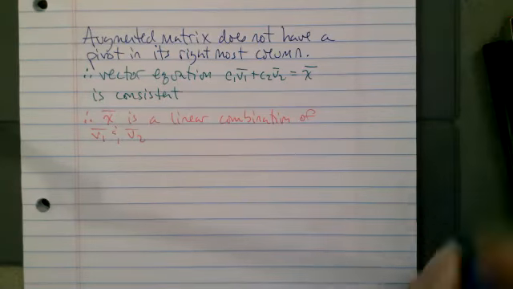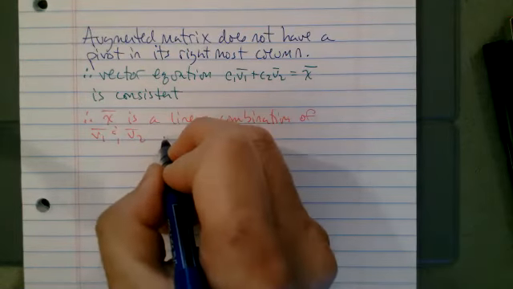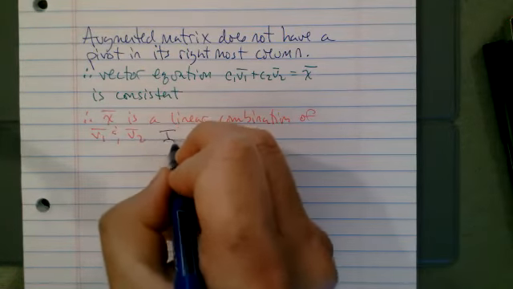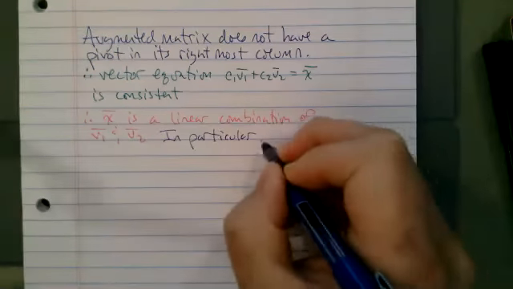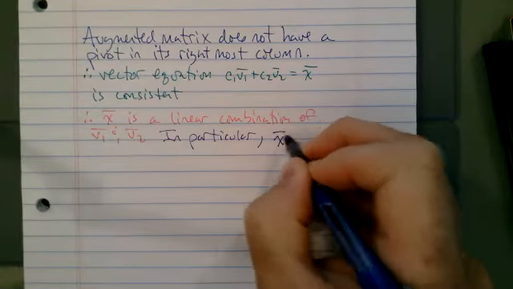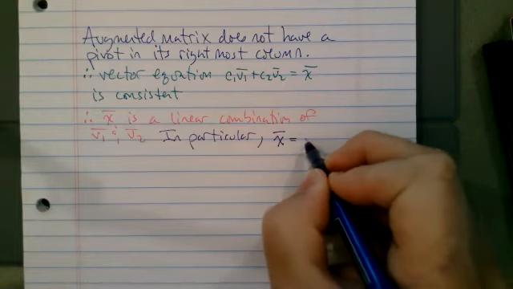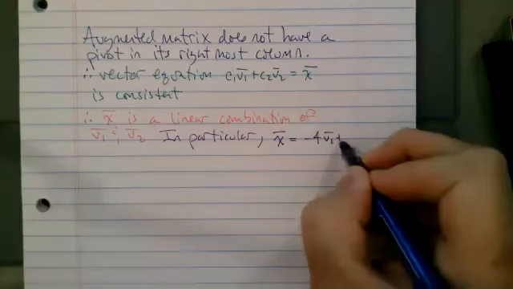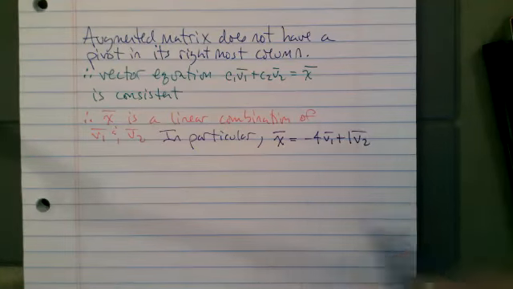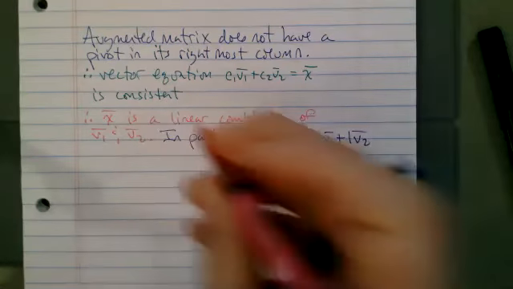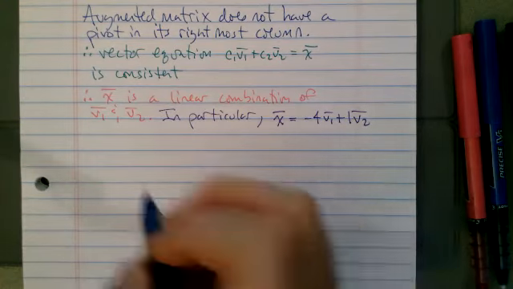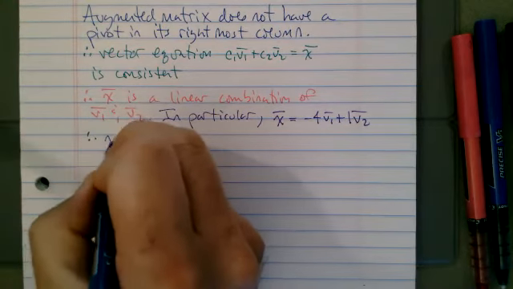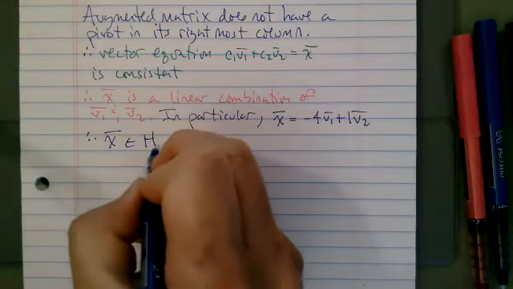In particular, we can see from this solution, X is equal to negative 4 V1 plus 1 V2. So we can say that yes, X is in H. Therefore, X is in H.